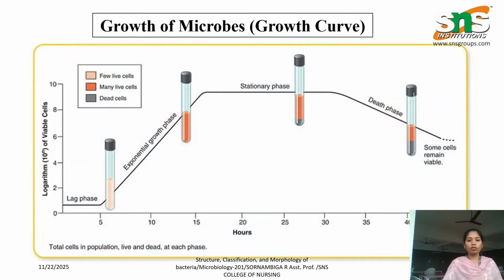One of the most important things after the biofilm is how much time it takes and how they are growing. This is the growth curve, an important topic in microbiology. There are four phases: lag phase, exponential growth phase, stationary phase and death phase.